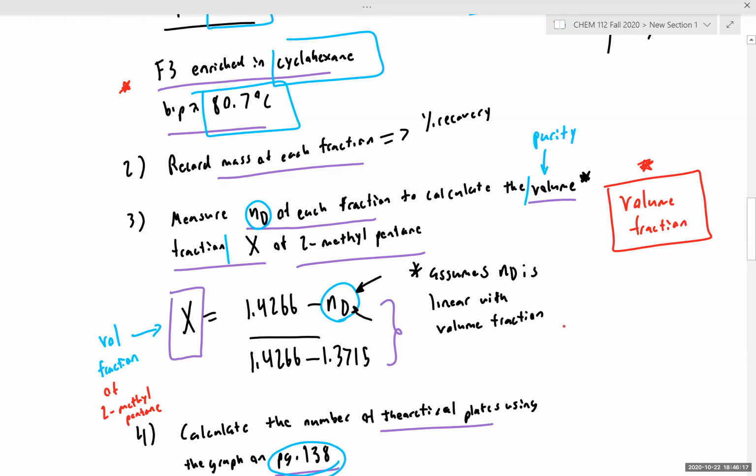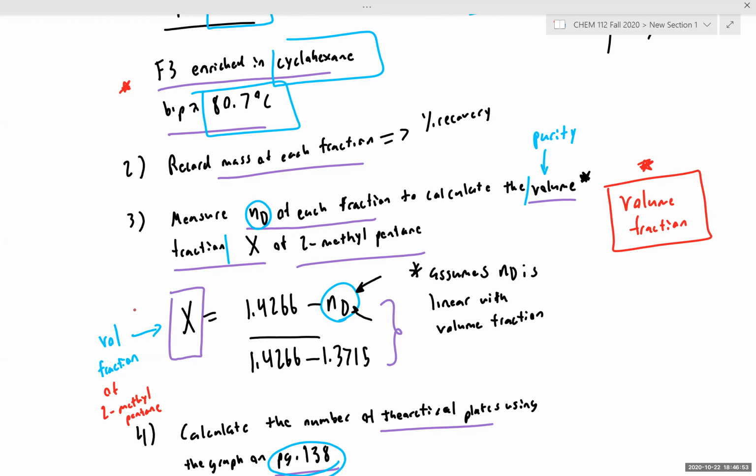This equation is derived from the refractive index of each of your mixture components, and it assumes that refractive index is linear with volume fraction. Okay? You've actually used a similar equation in earlier laboratories to estimate the volume fraction in our earlier distillations. Okay, so you're going to measure the refractive index, plug it into this equation, and it will provide you the volume fraction of 2-methylpentane, assuming refractive index is linear with volume fraction.